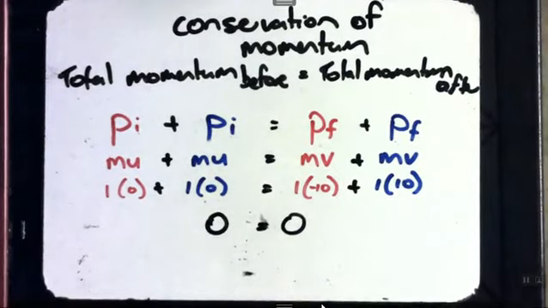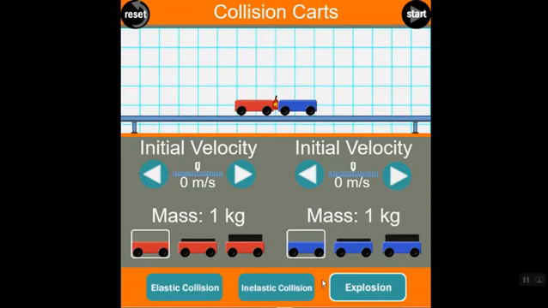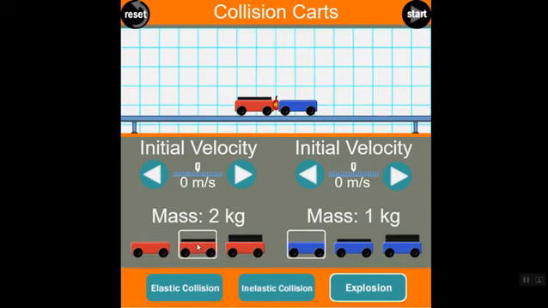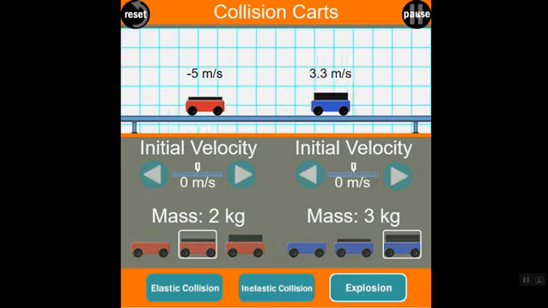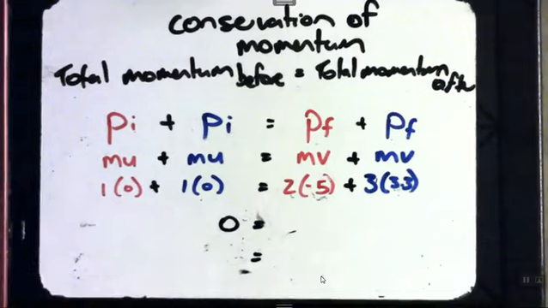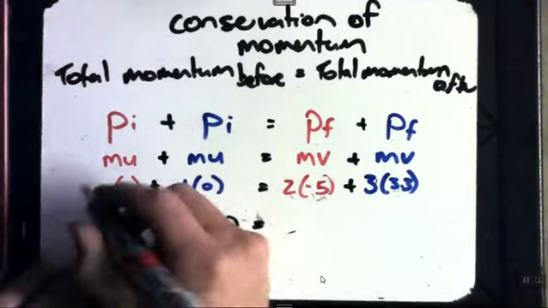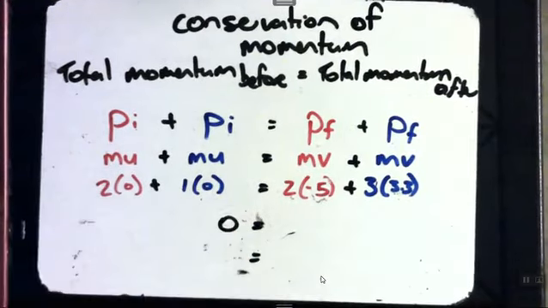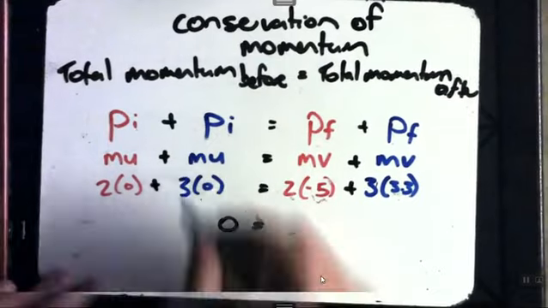So let's now look at another example of this. Let's change their masses. Let's make it 3 and 2. 2 for the red one, 3 for the blue one. And let's see if this still adds up to 0. Negative 5 and positive 3.3. So now if I substitute the values, sorry, I forgot the masses. 2 times 0 gives me 0. 3 times 0 gives me 0.